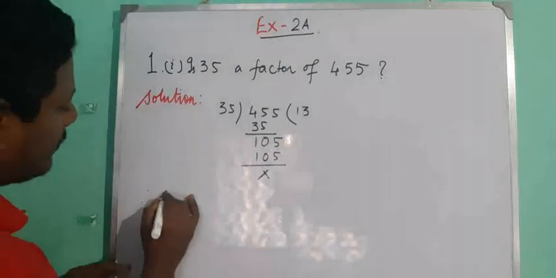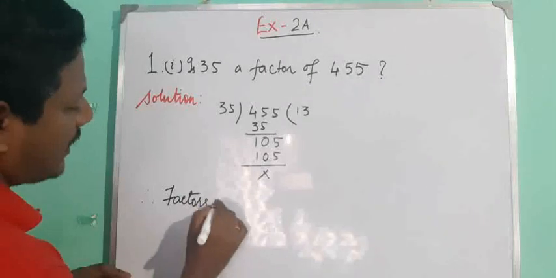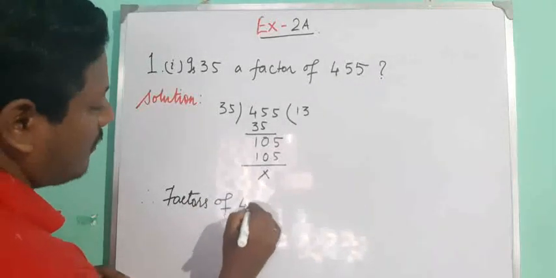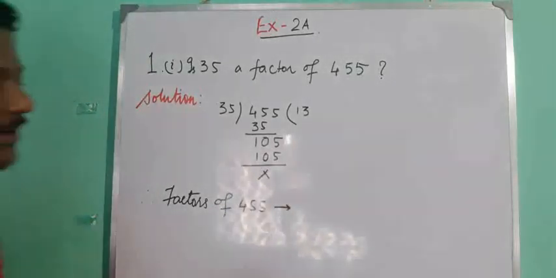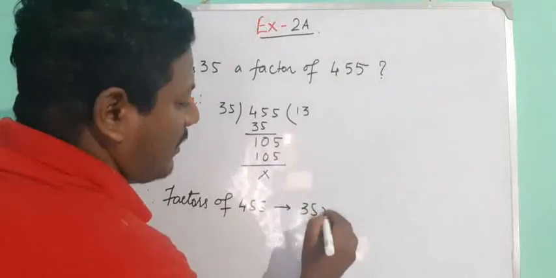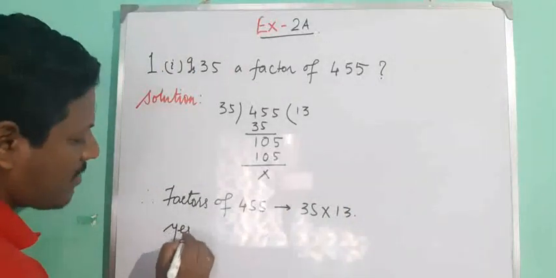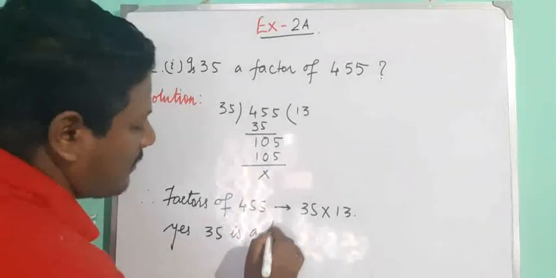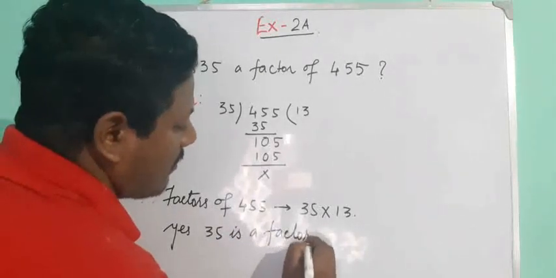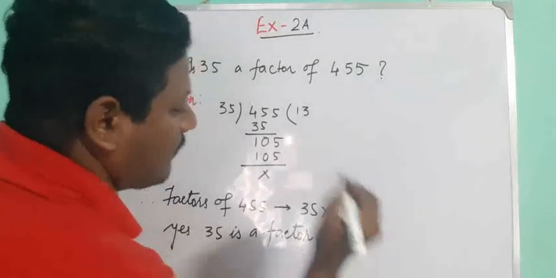So what will you write? Therefore, 455 is 35 into 13. So yes, 35 is a factor of 455.